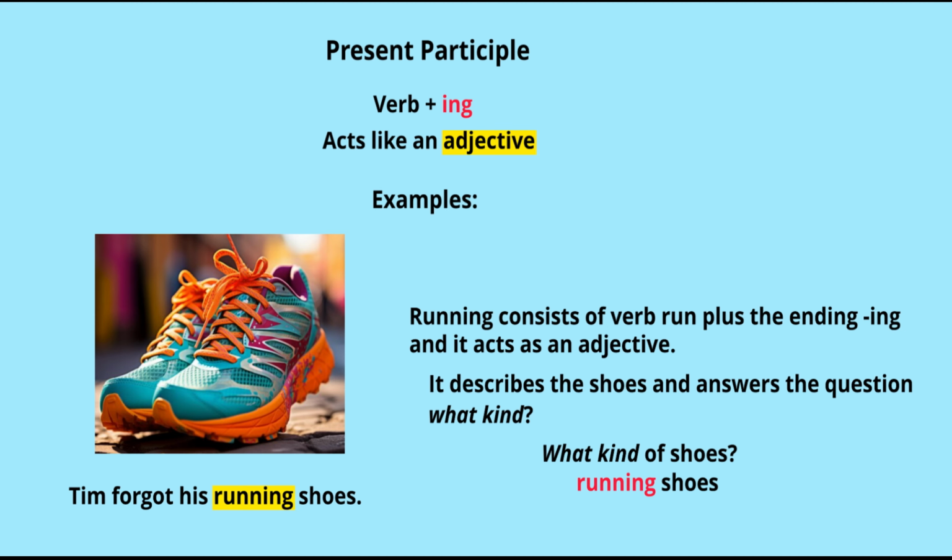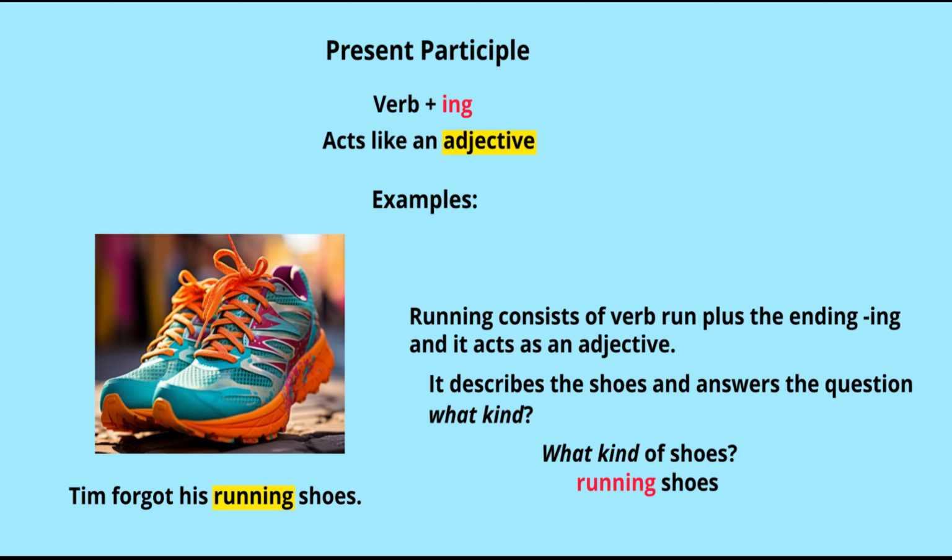Let's learn what a present participle is. It's nothing but a verb plus ing ending, and it acts like an adjective. Let's take a look at the example. In the picture, you can see running shoes, right? Tim forgot his running shoes. Here, Tim is the subject noun, forgot is the verb, right?